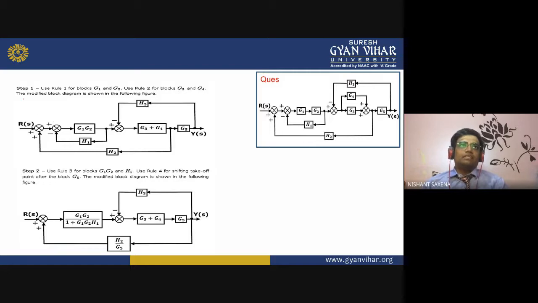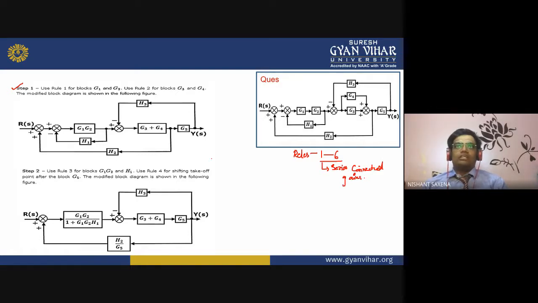The very first step is being shown to you. I have told you that there are 6 rules for the block diagram reduction technique, and we will apply them one by one, starting from the first rule. That is, we simplify the series connected gains.